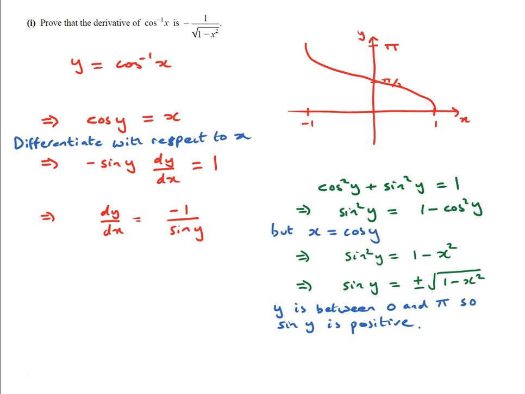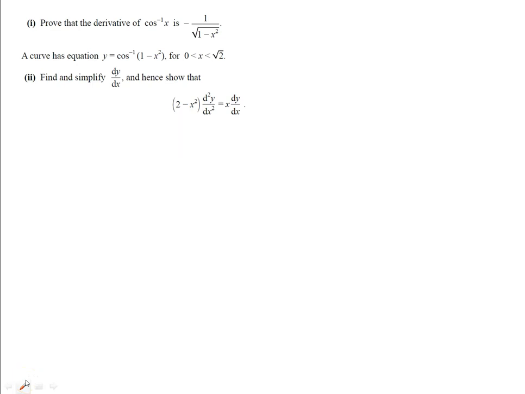So we now know that sine y is the positive square root of 1 minus x squared. Which now gives me dy by dx must be equal to minus 1 over the square root of 1 minus x squared, as required.